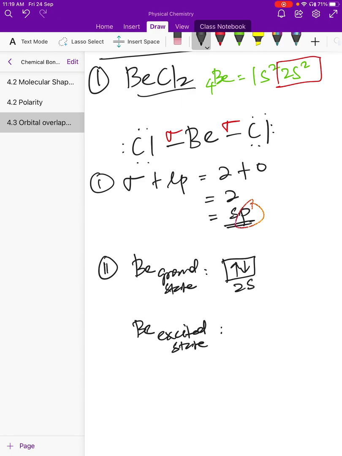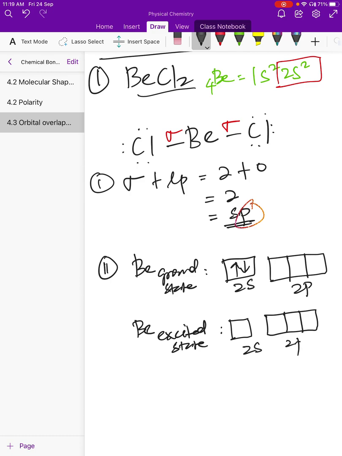That means here we have an empty 2p orbital. So what will happen at excited state? One electron from 2s will move to 2p, will be promoted to 2p. This is called excited state.